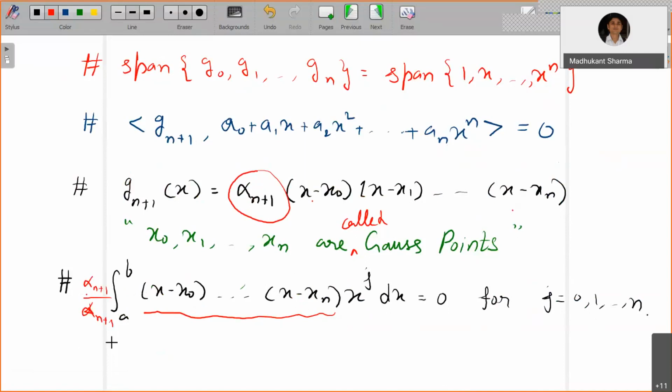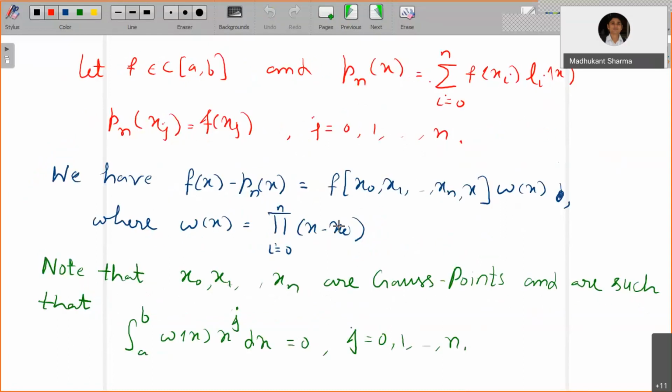So this is the similar thing as this. This can be derived from here straightforwardly by substituting a0 equal to 1, or you can substitute aj equal to 1 and the rest of the coefficients a0 to an, other than j, are 0. Then you will get the following property of Gn plus 1.